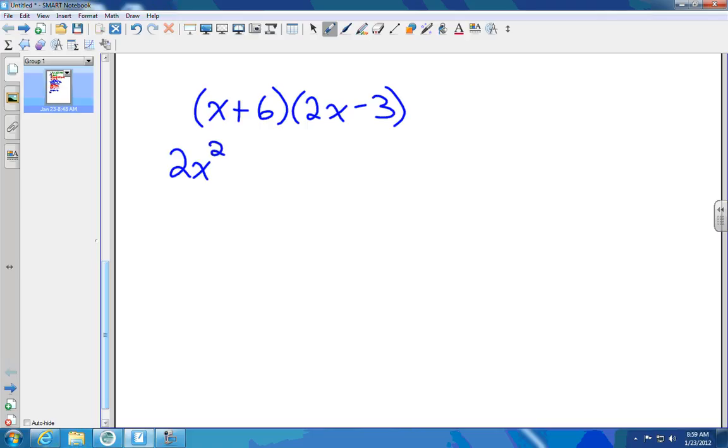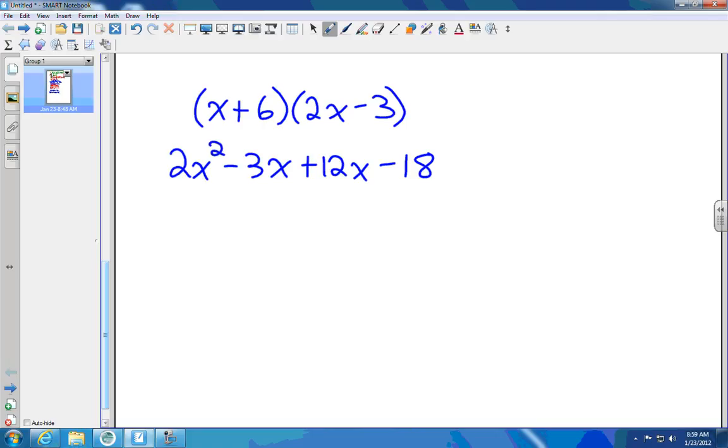Then outside, the O in FOIL, the two farthest outside numbers. x times -3, minus 3x. Then you do the inside terms. That would give you 12x. And the last, the two numbers in the last, would give you -18.